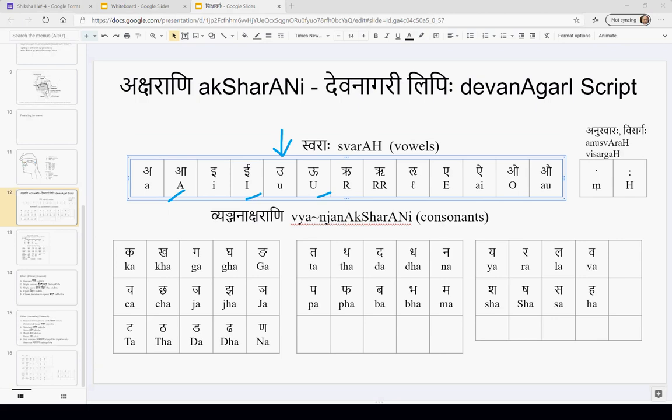Now by mixing these in different combinations, we have other vowels here. If we mix a with itself, then we get aa, right? But if you mix a with i, then what do we get? You can experiment with it.